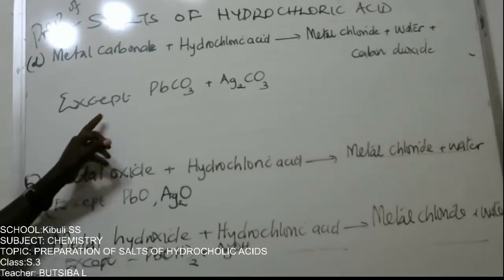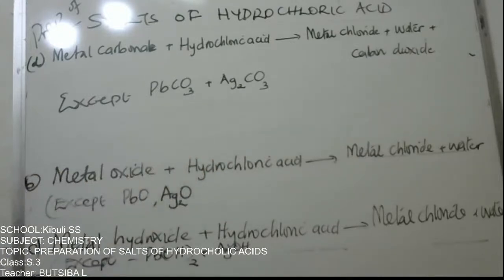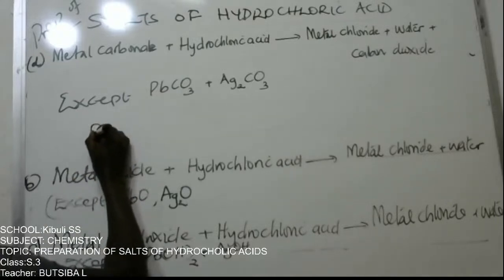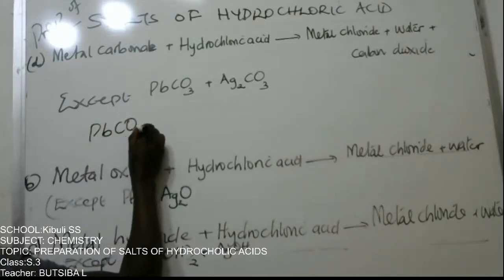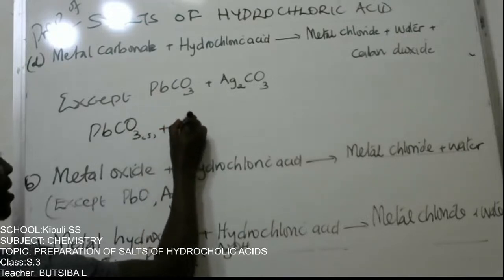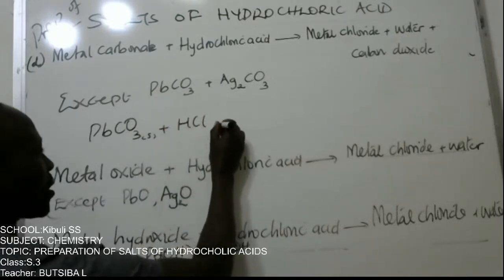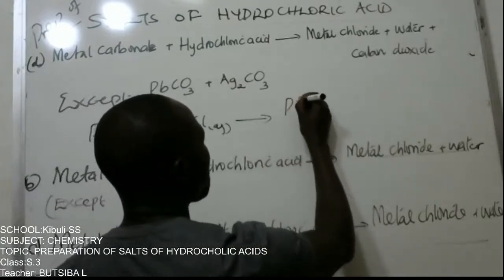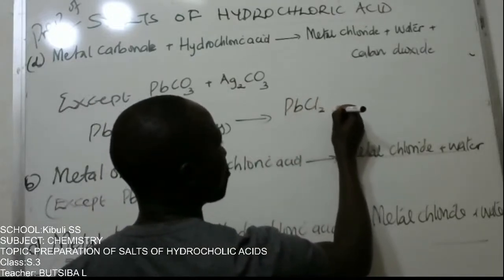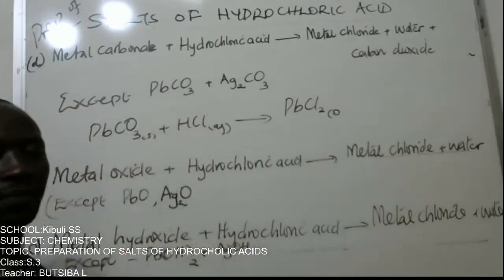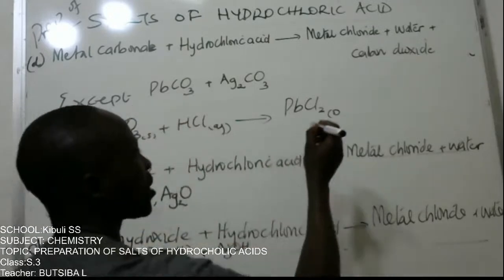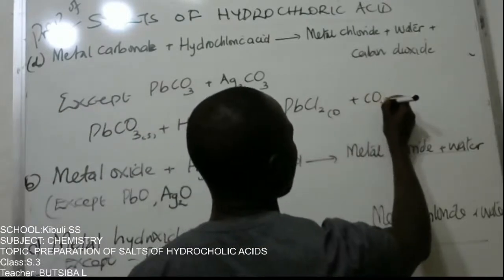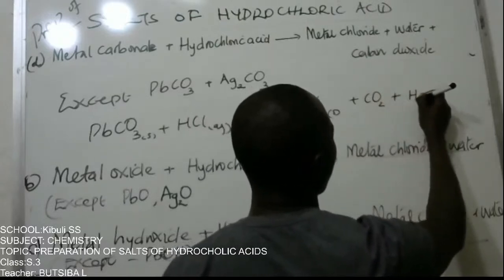The two will react to give you lead 2 chloride. So we shall have PbCO3, a solid, plus HCl, which is aqueous. What do we obtain? We shall obtain PbCl2, solid. What else will be given out? Carbon dioxide. What else? Water.